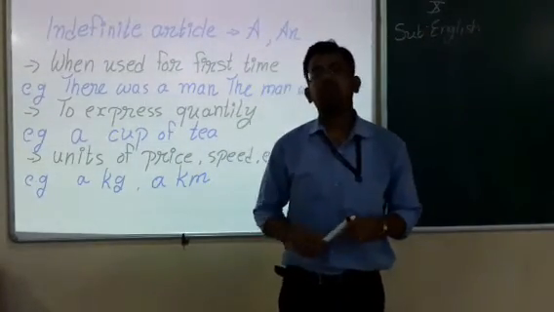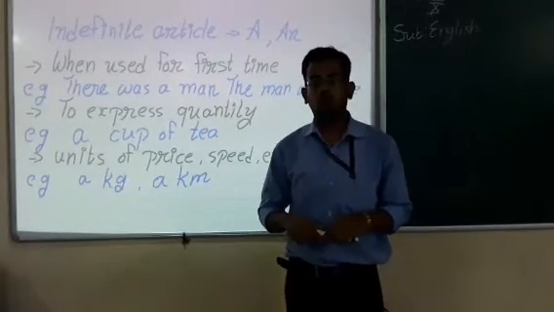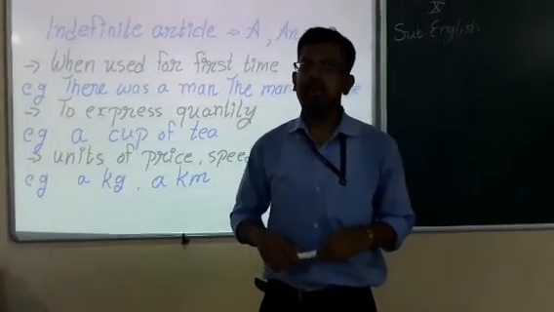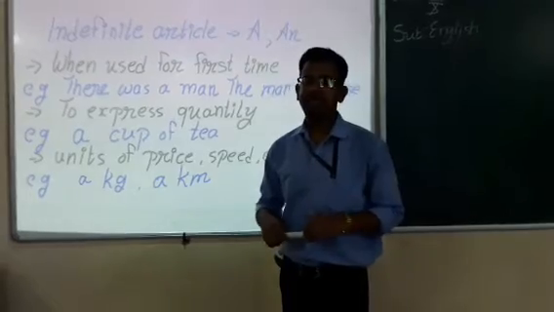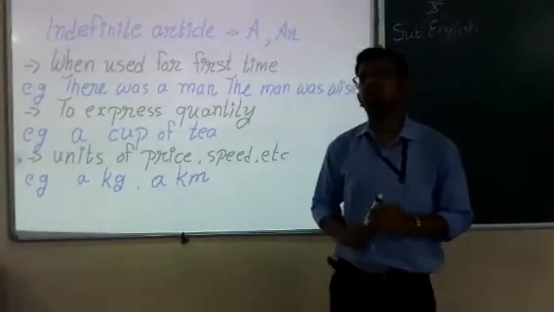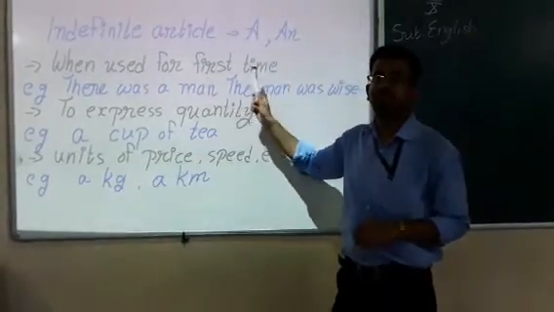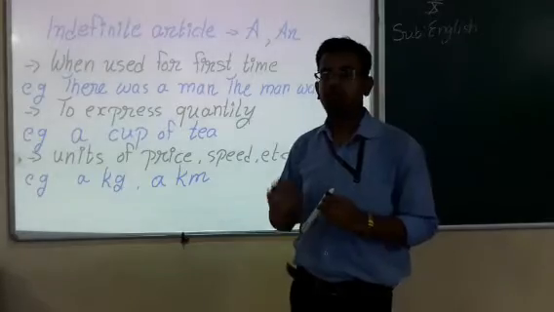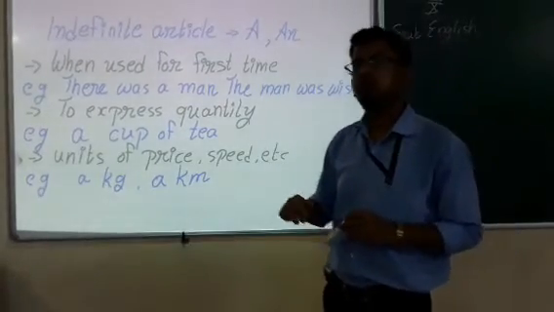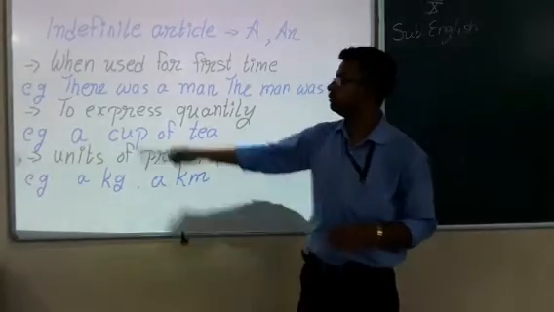And now we will discuss in what all circumstances we use indefinite article a and an. So first one, when used for the first time. Just look at the first example.